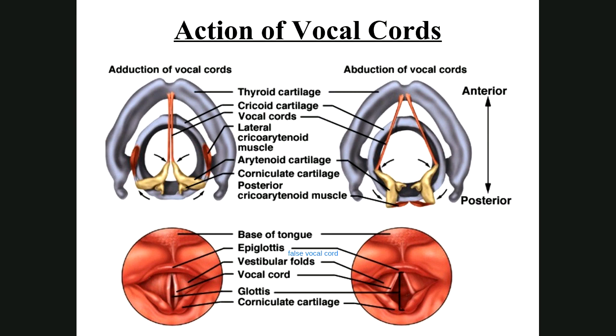Okay, so abduction versus adduction, and you can see here the muscle, we'll call it the lateral cricoarytenoid. Remember, when you study muscles, the origin is the cricoid and the insertion is the arytenoid. This triangle is the cricoid.